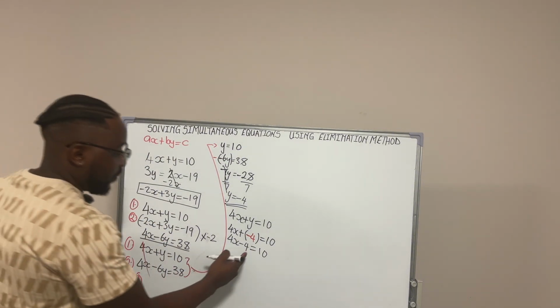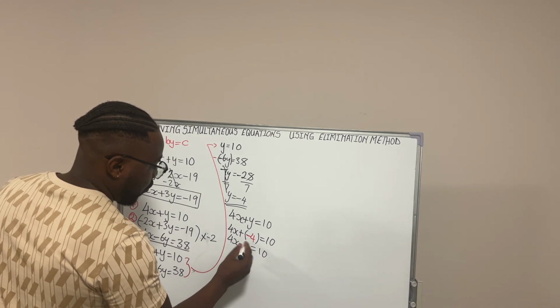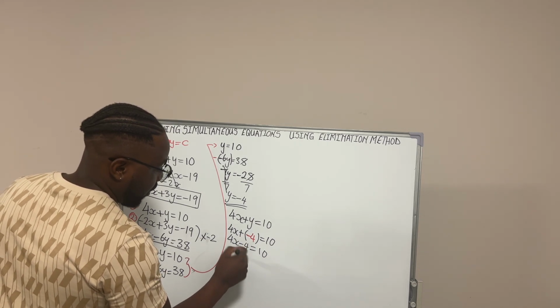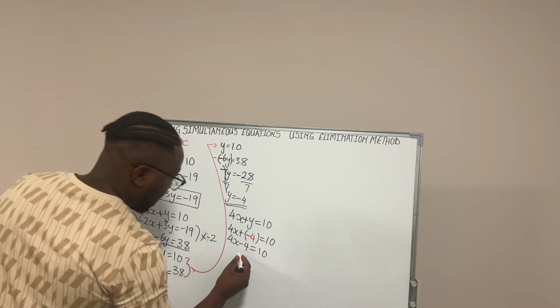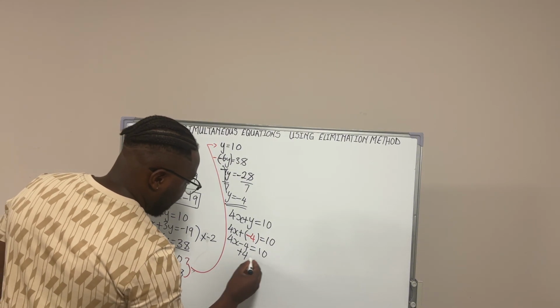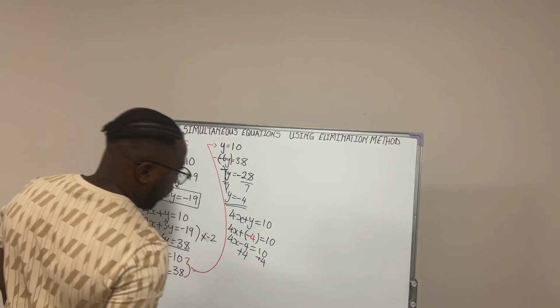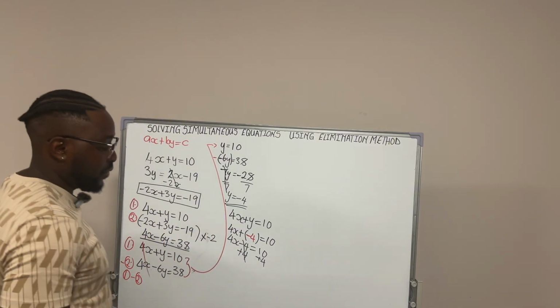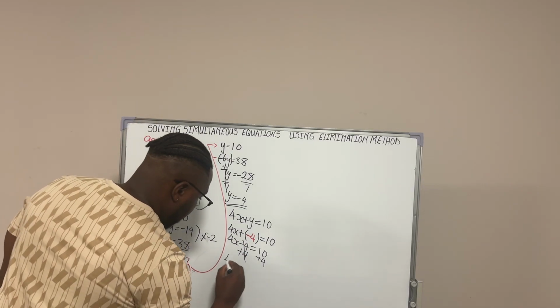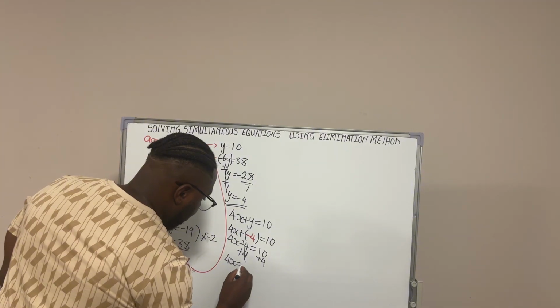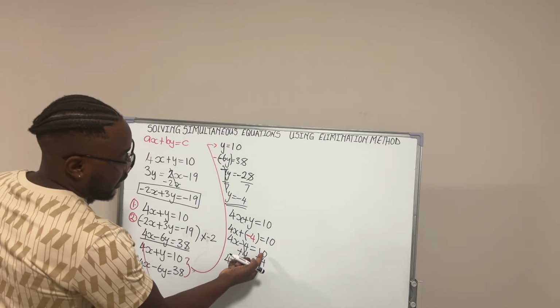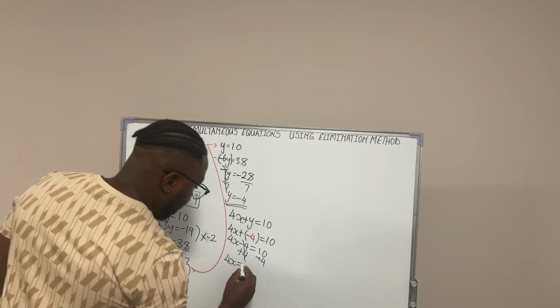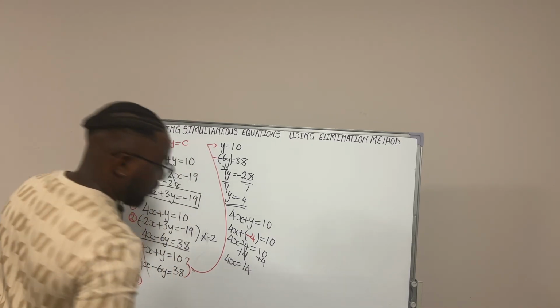We have these two constants over here, so let's move this 4 to the other side of the equation. If we take the inverse, we just add 4 to both sides. Negative 4 and positive 4 cancel out. We shall remain with 4x equal to 10 plus 4, which is 14.